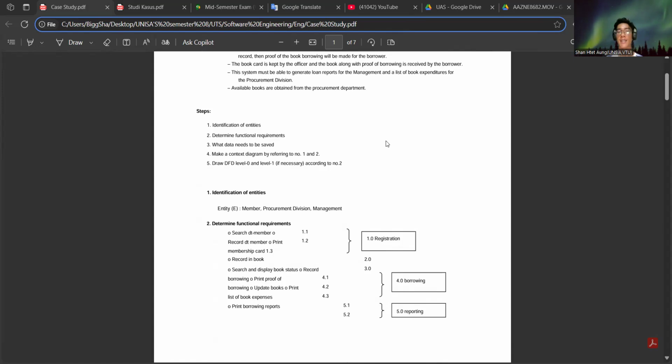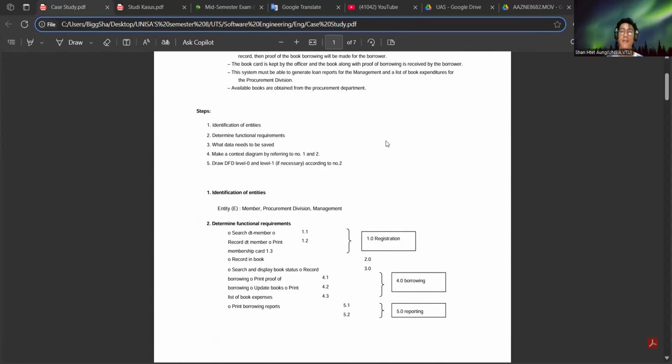So there are three: the member, the officer, and the procurement division. The procurement division is maintaining the book. So they order the book. And the officer is the leader of the library.